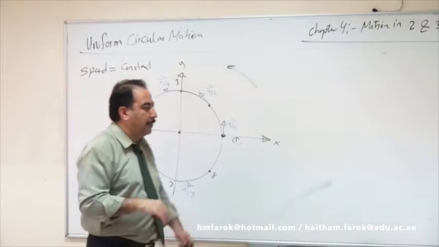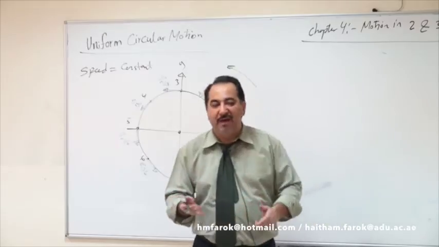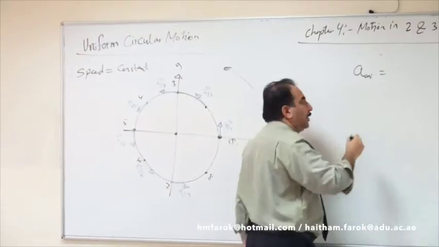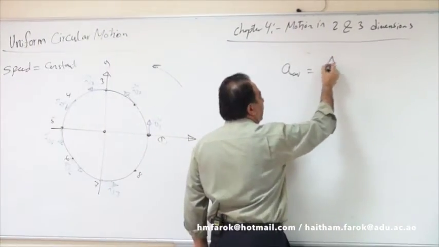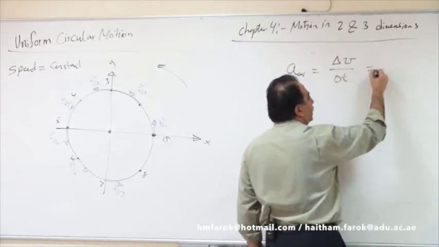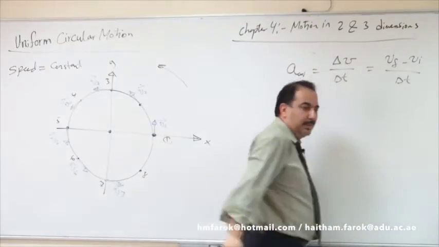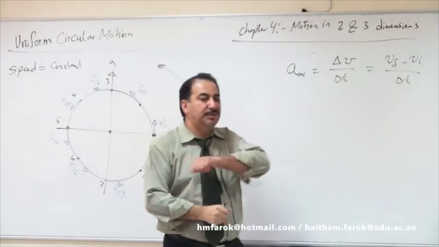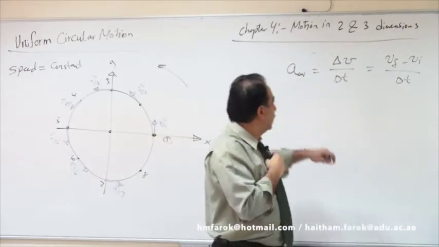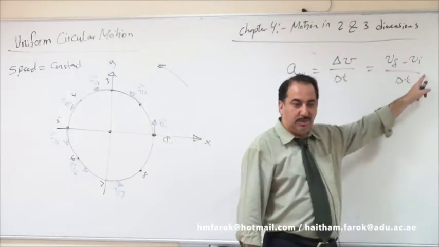All right? Now, how do you find acceleration, or average acceleration, generally speaking? What is average acceleration equal to? Delta V over delta T. And delta V means V final minus V initial, over delta T. Now, if the object moves on a straight line, like in chapter 2, motion in one dimension, we had average acceleration equal to final velocity minus initial velocity over time.